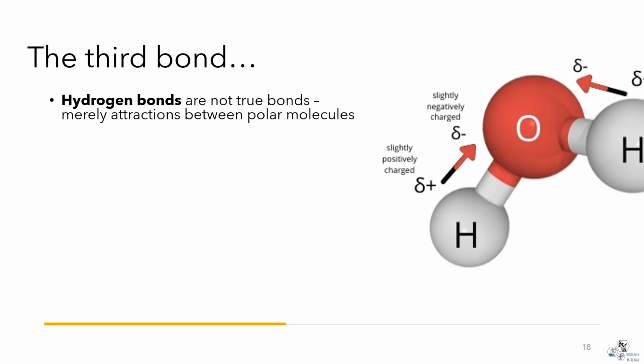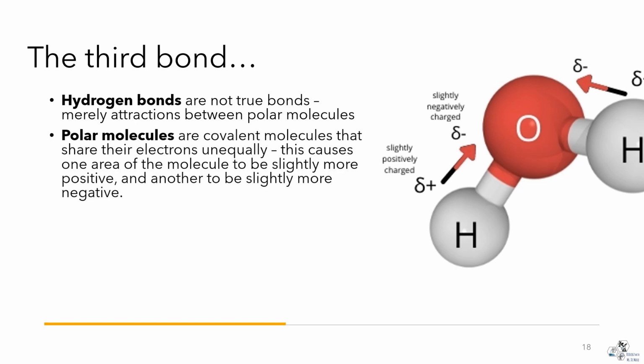So we're not talking about atoms bonding with each other. We're talking about molecules and compounds being attracted to one another. So in this case, we call these molecules that do these attractive forces and form these hydrogen bonds polar molecules. When you think about the word polar, you think of the North Pole and the South Pole, opposite ends of something. That's kind of the same idea here.